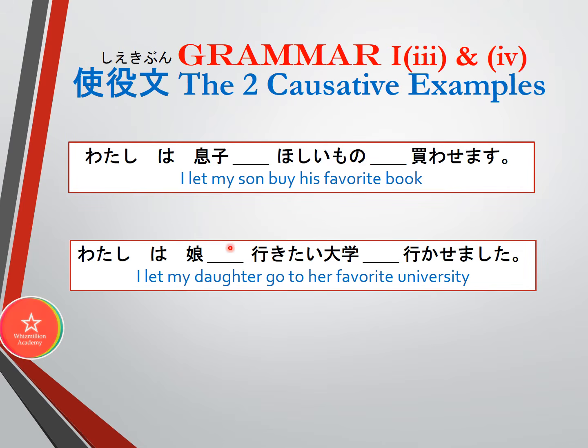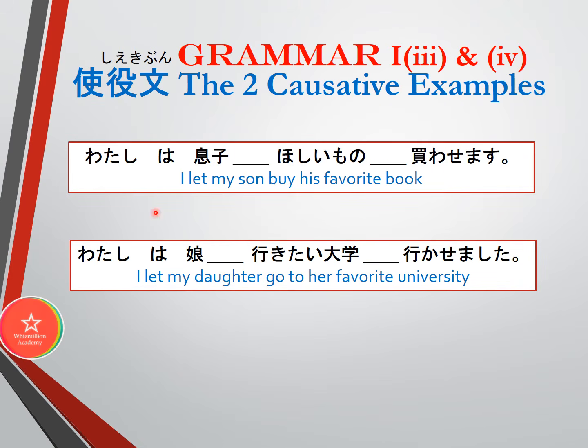But before we put an o here, please remember we learned in the previous slide that if this is a location and the particle becomes o, then this is ni. However, over here, ikitai daigaku ikasemashita, ikimasu has a direction, so the particle here is not o but ni. Since this is ni, we can safely use o attached to the noun receiving this permission.